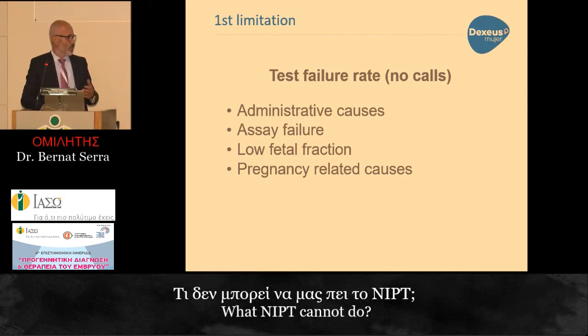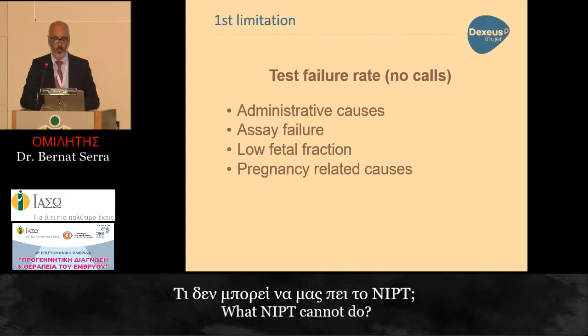But let's go to answer the question of what the test cannot do. And the first answer is that the test cannot give back a result in 100% of the cases. As with any other laboratory test, it has test failures that we refer to as no calls in NIPT. These test failures can be related to administrative causes: the sample is not properly labeled, or it is lost during transportation to the lab, and so on.